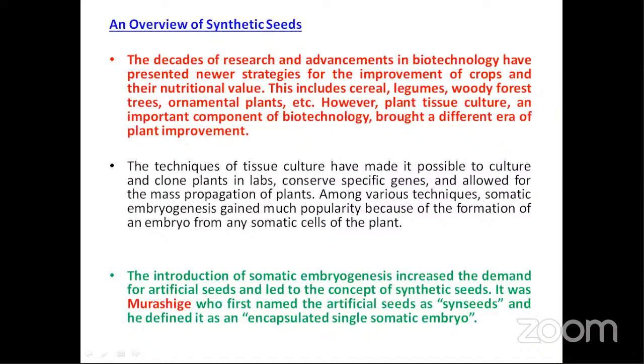There was an introduction of somatic embryogenesis in 1950. The demand for artificial seeds led to the concept of synthetic seeds. Murashige first named the artificial seed as synseeds, and he defined it as an encapsulated single somatic embryo. Next.